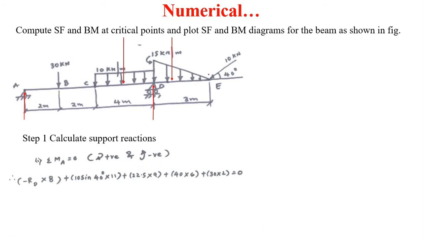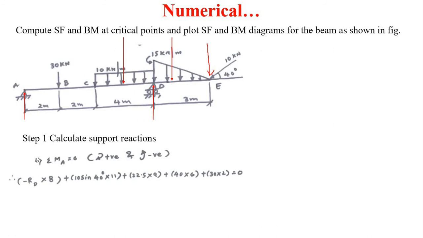Therefore we will take moment of all these forces about A and equate it to 0. This RD will try to rotate in the anti-clockwise direction about point A, so it will be minus.